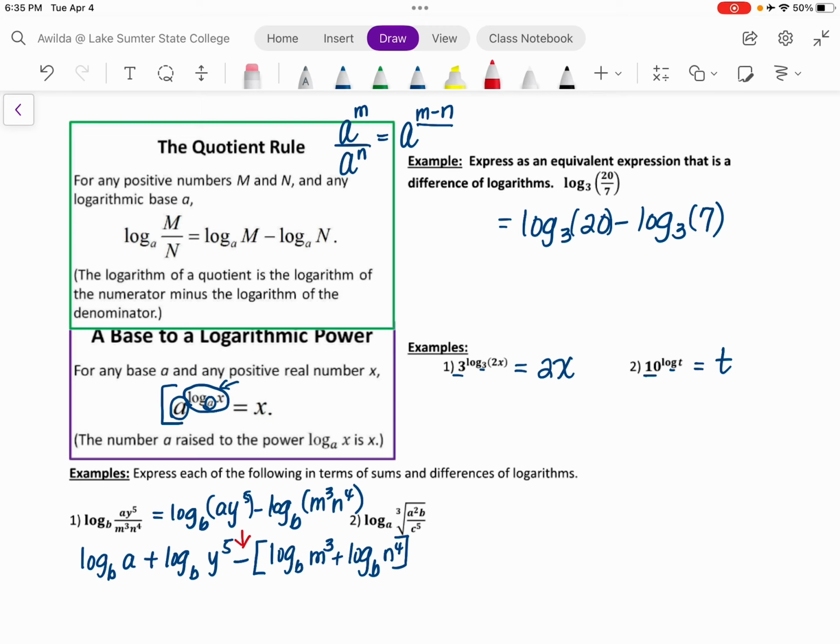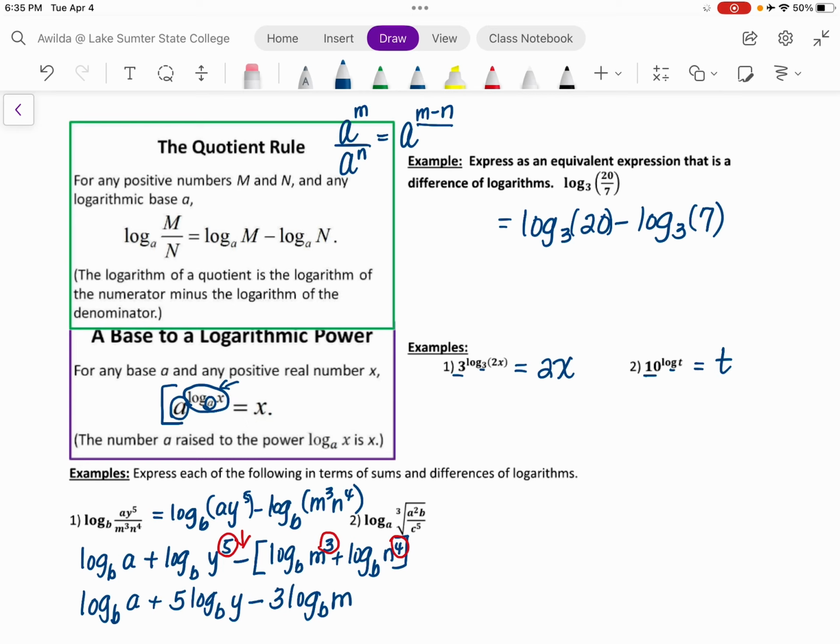Now, for the second, third, and fourth terms, I have yet another exponent in the argument, and I can use one of the rules above to rewrite these as follows. So the first term will stay the same, logarithm base b of a, plus, I can bring this 5 down as a coefficient, so I have 5 times logarithm base b of y, minus, I can bring the 3 down and I'll write that as 3 times logarithm base b of m.